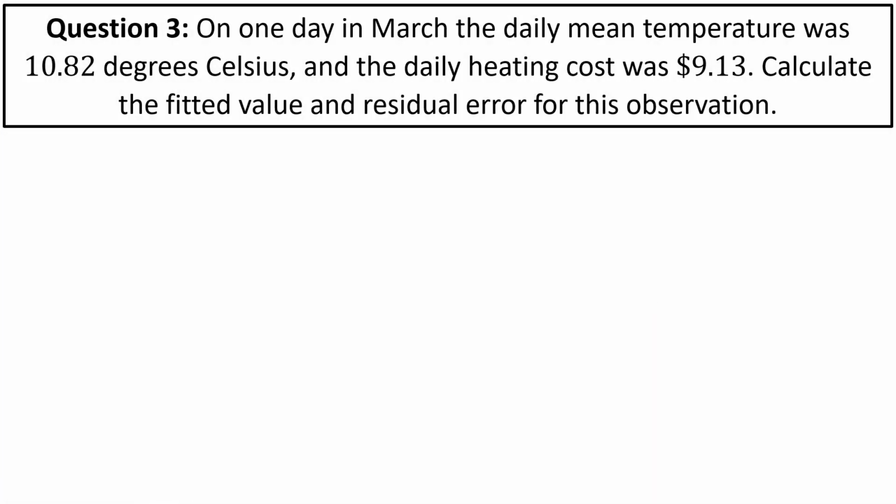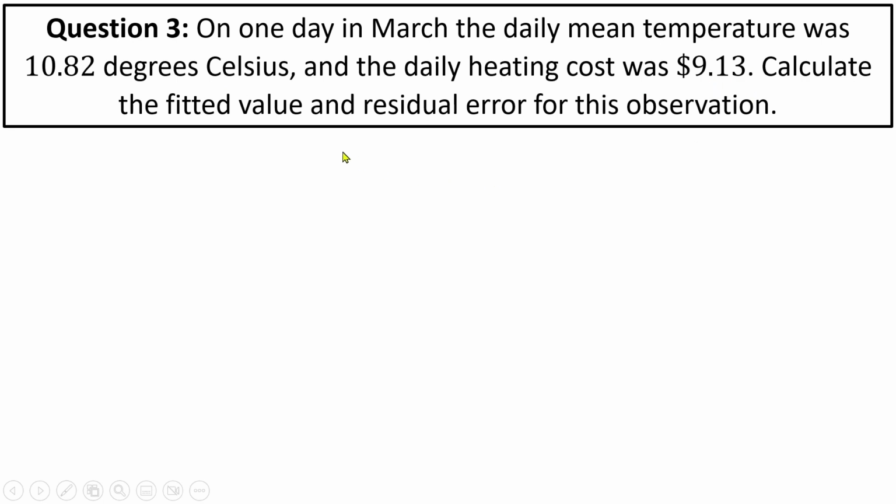So question 3, it's giving you a coordinate and asking you to calculate a fitted value and a residual. So this is something you've done many times in 2208. So here they're saying that one day in March, the daily mean temperature was 10.82 degrees Celsius, and the daily heating cost was $9.13.